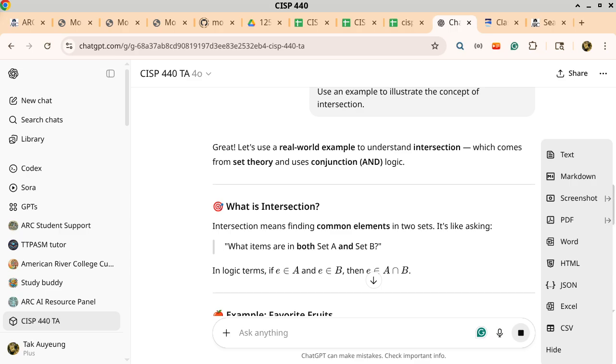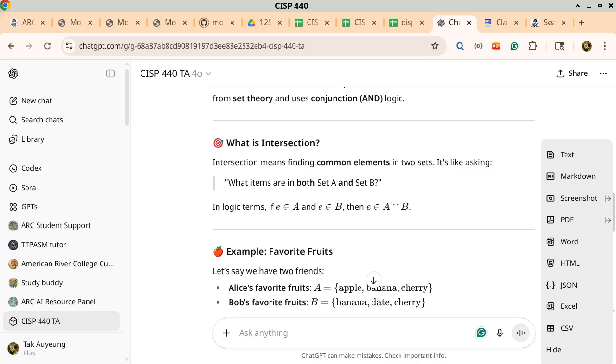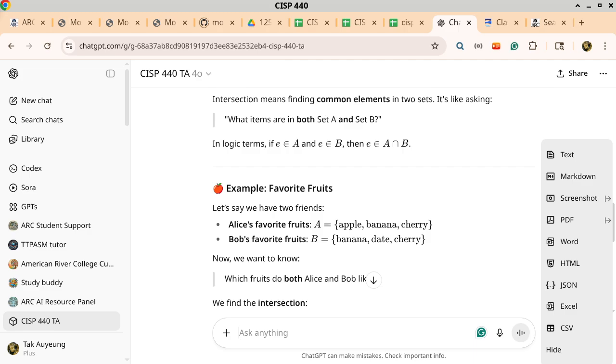It explains that intersection means finding common elements in two sets, asking what items are in both set A and set B. In logic terms, if E is in A and E is in B, then E is in the intersection of A and B, and then it gives you an example.